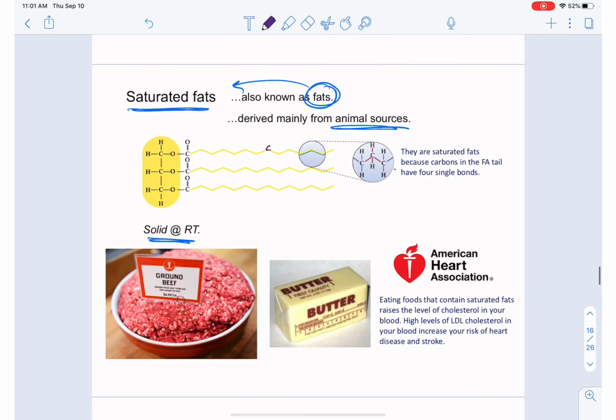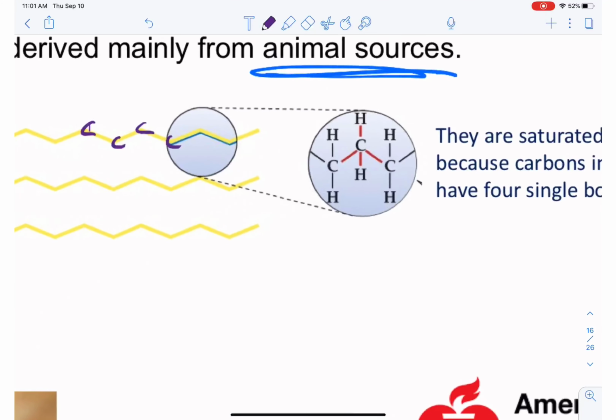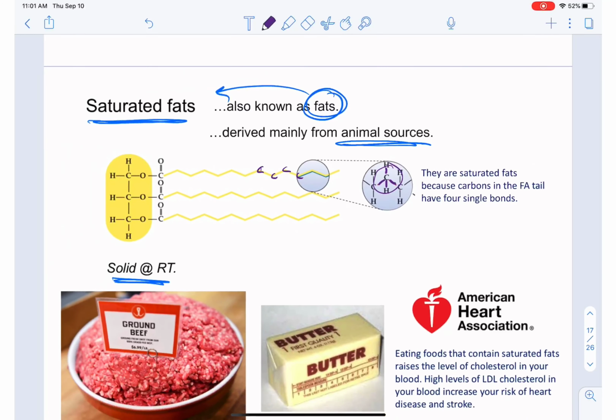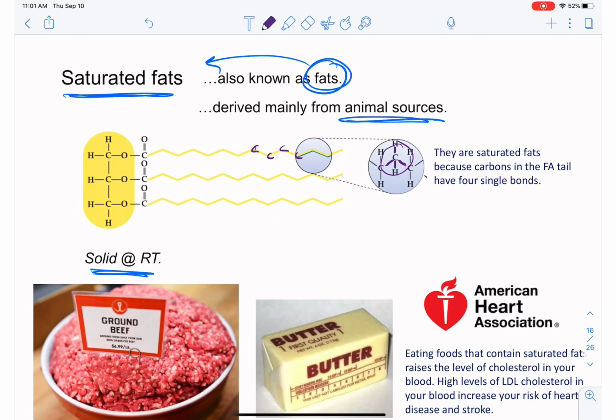These fatty acid chains are carbon-based, and if you look at each of those carbons, the reason they're called saturated is because there are 4 single bonds coming off each one of those carbons. They're saturated with single bonds. So that's why it's called a saturated fat, and that's also why these fats are solid at room temperature, because of that structure.